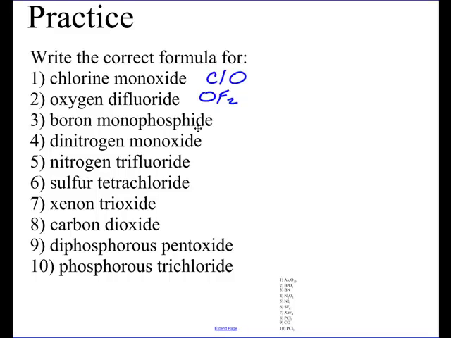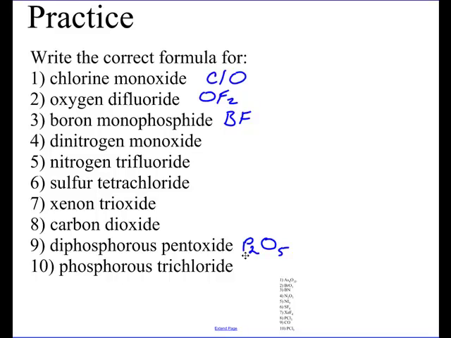OF2. Boron monophosphide. BP. Let's find one that's a little interesting here. Here we go. Diphosphorus pentoxide. P2O5. All right, so you get the idea. It's a pretty straightforward thing.